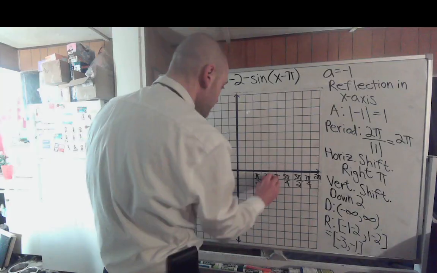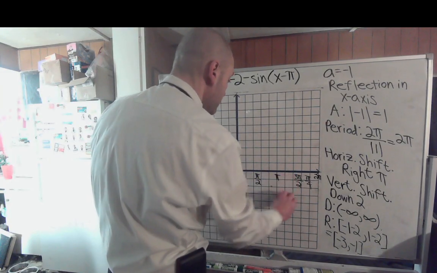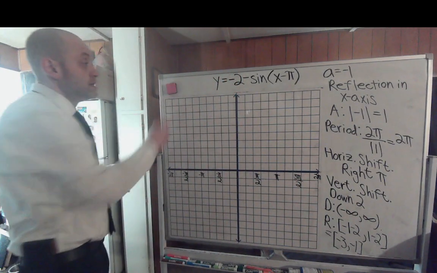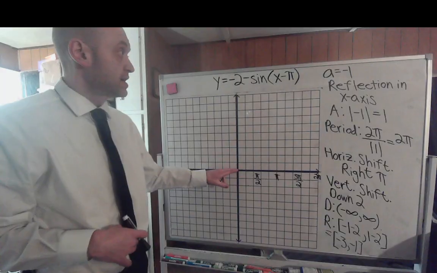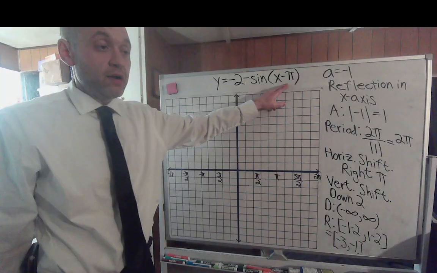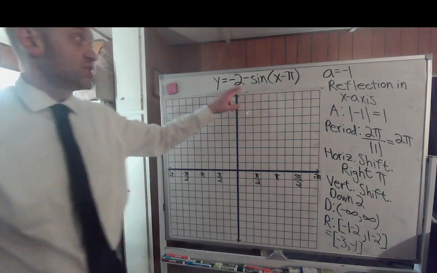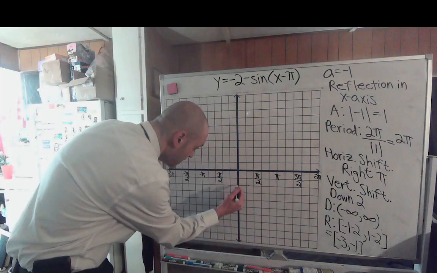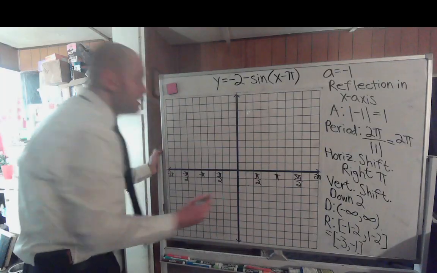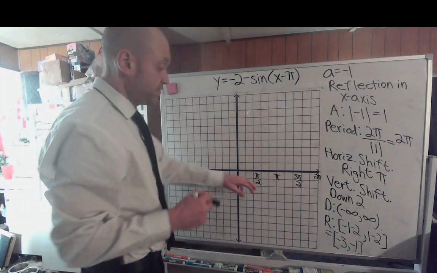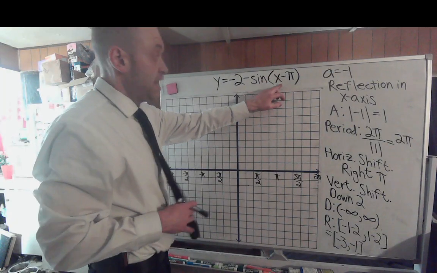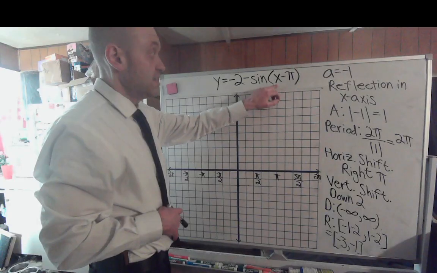Erase those pi over 4s so we don't have to fill in all those. All right. So let's put in 0 for x. So that would be like the sine of -pi, right? Which would be 0. And then just subtract 2, you would be at 0, -2 for that coordinate. All right. Now if I put in pi over 2 for x, that would be like the sine of -pi over 2, which is -1.